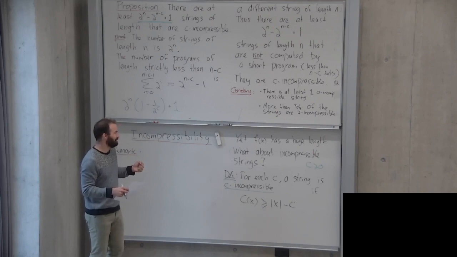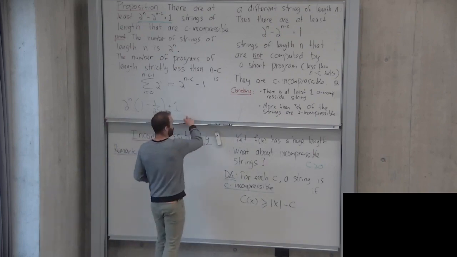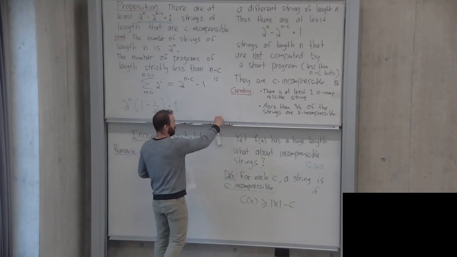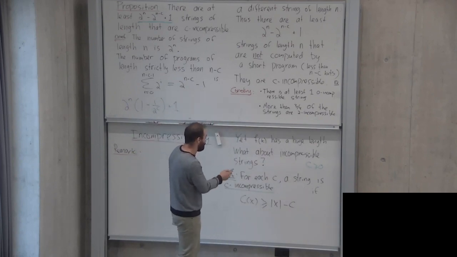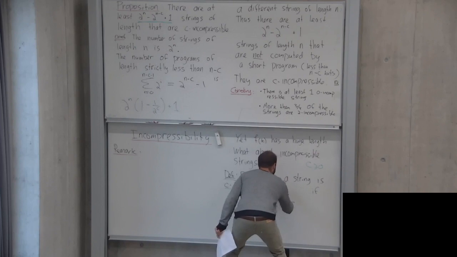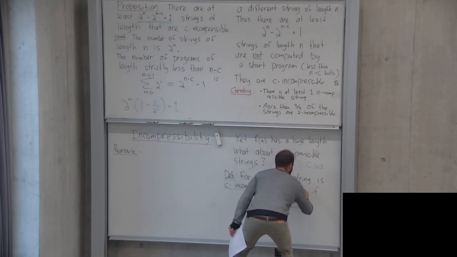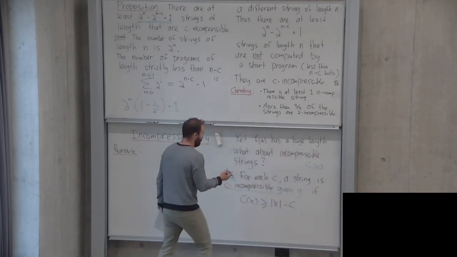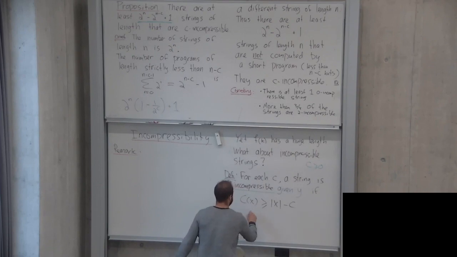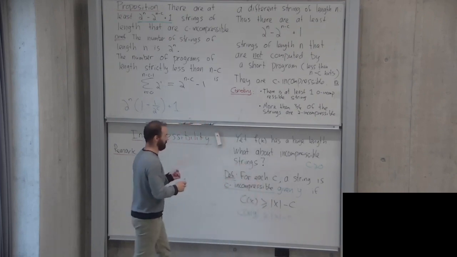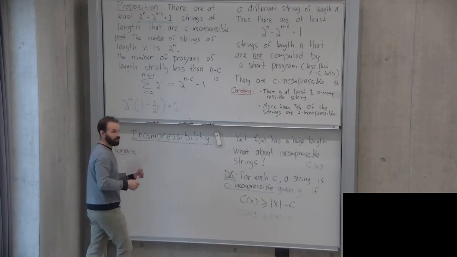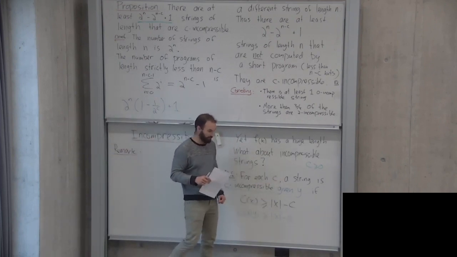So we can speak of, and then I will maybe complete some stuff in blue, for each C, a string is C incompressible given Y if, well, that would become C of X given Y is smaller or equal to length of X minus C. That's just a definition. There's nothing to prove here, but I can speak of C incompressibility given Y.